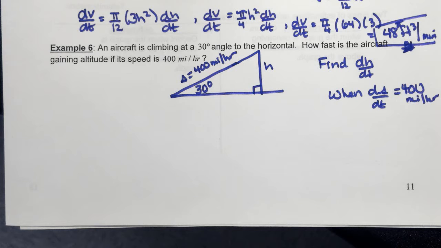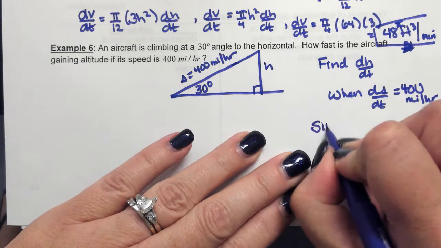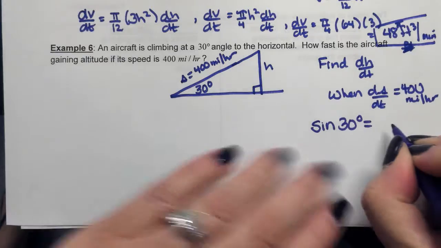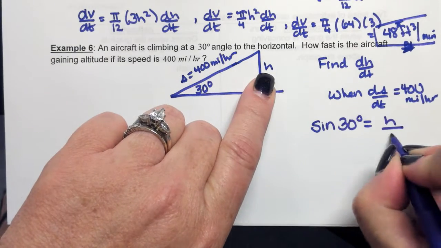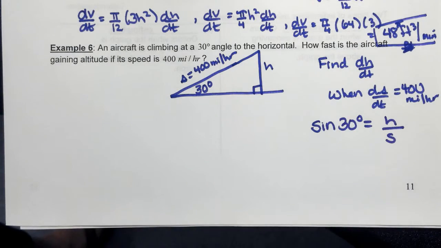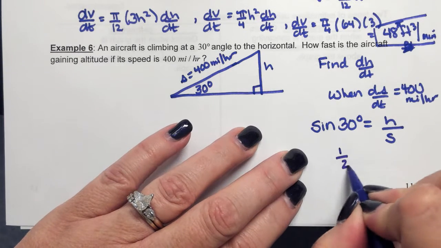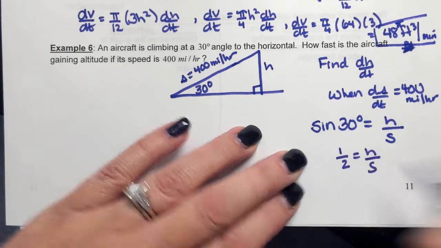What trig ratio comes to mind? Sine. So if you remember, I know that the sine of 30 degrees is equal to the opposite over the hypotenuse. There's a lovely trig question. Sine of 30 degrees. 1/2. Very good. So I have 1/2 is equal to h over s.